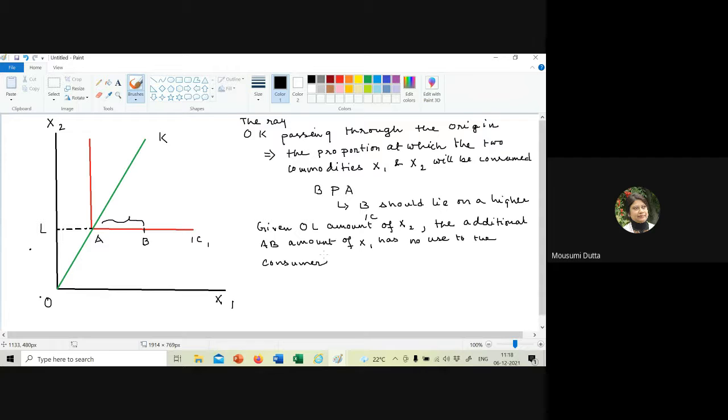The commodities are complementary to each other, which means the commodities will be consumed following a particular proportion given by the ray OK. So more of one commodity, given the other commodity fixed, will have no additional use to the consumer. A similar thing will happen along the vertical stretch as well.